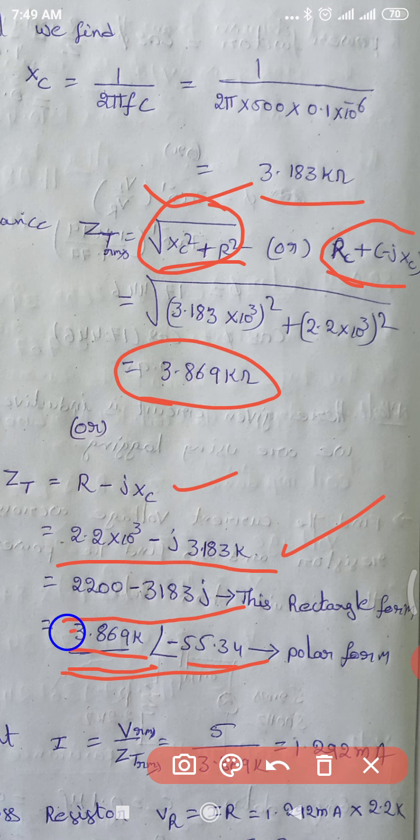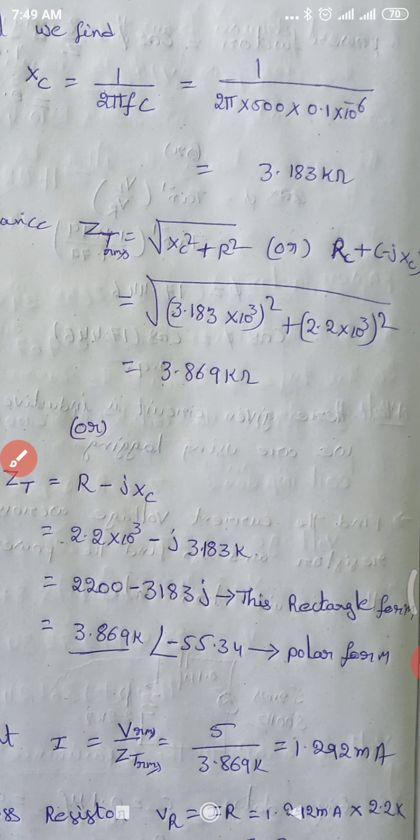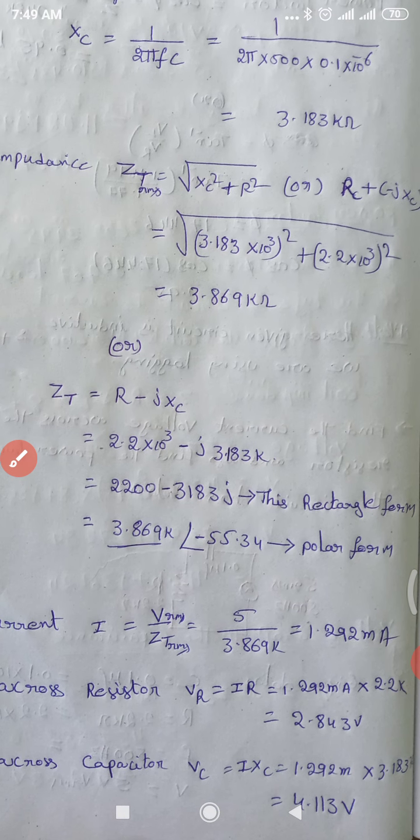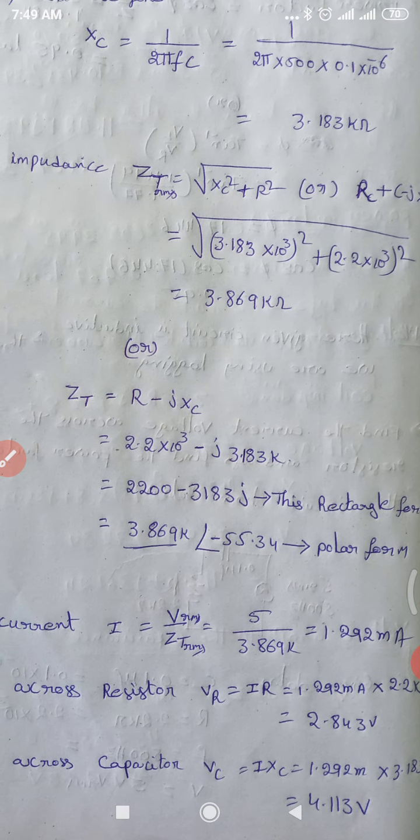So here we are getting the same value. The value we get in polar form is nothing but the RMS value.